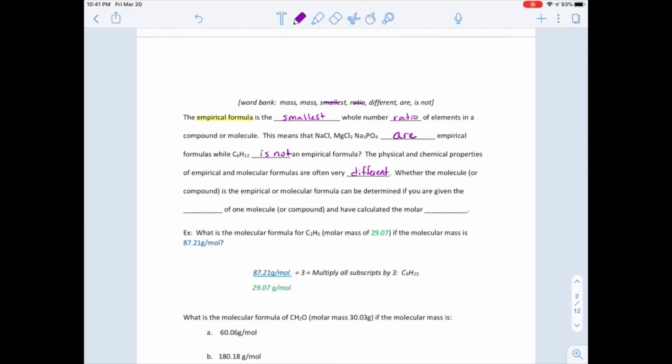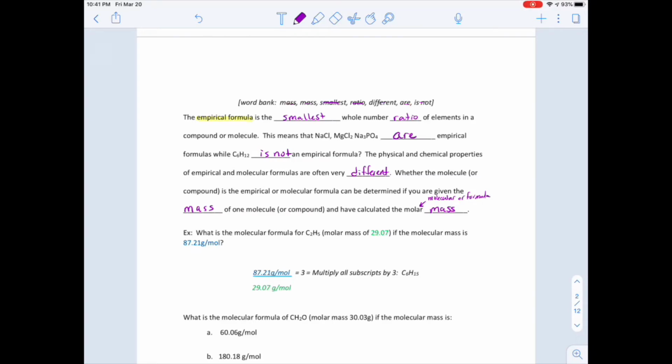Whether the molecule is the empirical or molecular formula can be determined if you are given the mass of one molecule or compound and have calculated the molar mass. This is the same thing as saying molecular mass or formula. It's meaning get that number off the periodic chart.